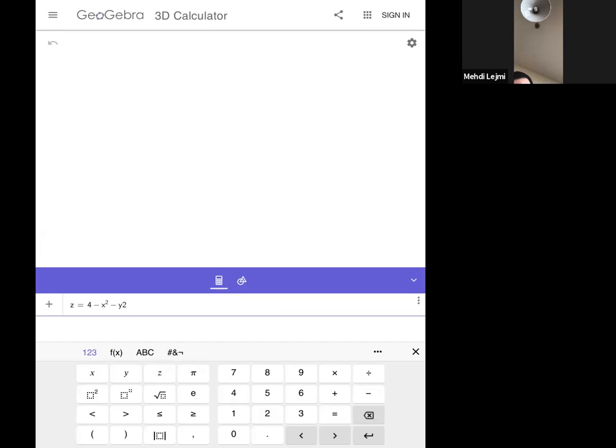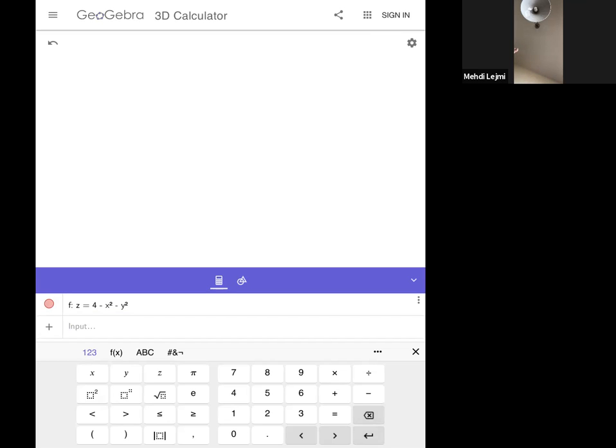Oops, it's not times 2, it's squared there. It should be a square. All right. Yeah, that's perfect now. Okay, so this is our red paraboloid, you see?